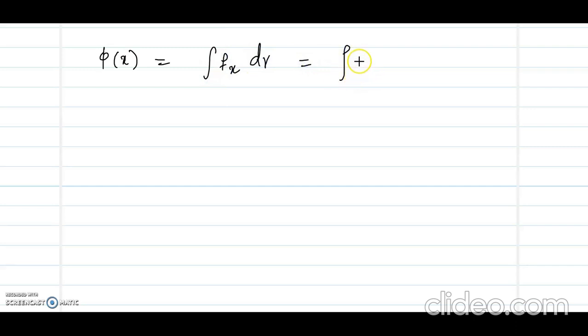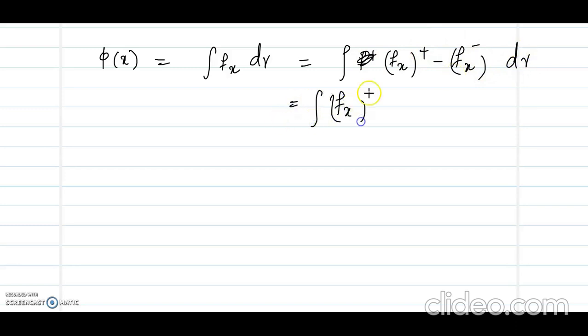fx can be written as the difference of its positive part and negative part. So that will be fx plus minus fx minus dr. So this will be equal to integral fx plus dr minus integral fx minus dr. Now this is our phi 1 and this is phi 2.